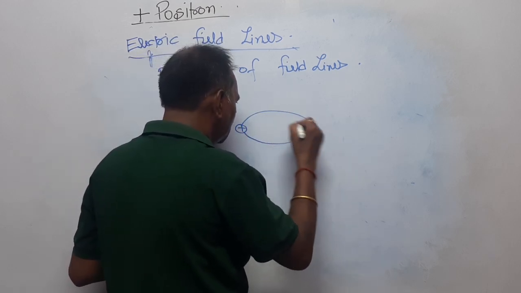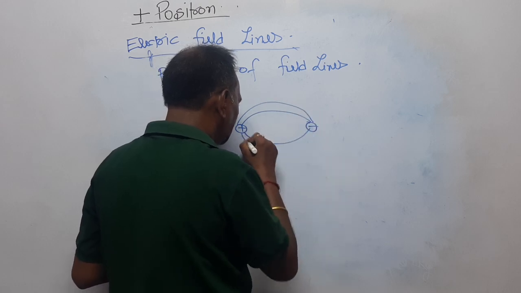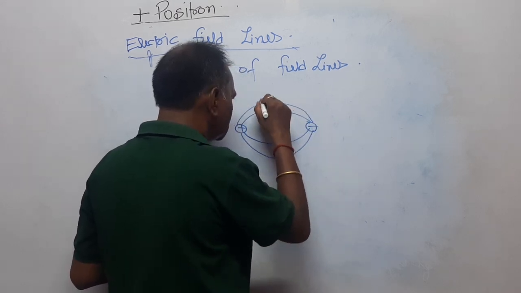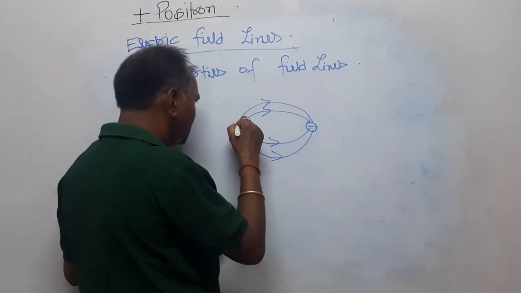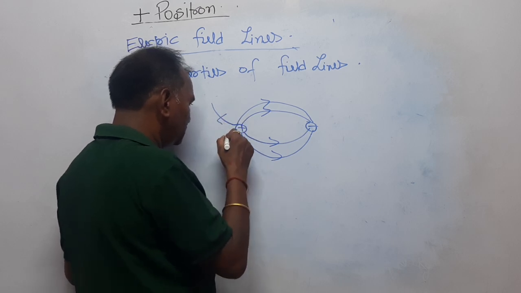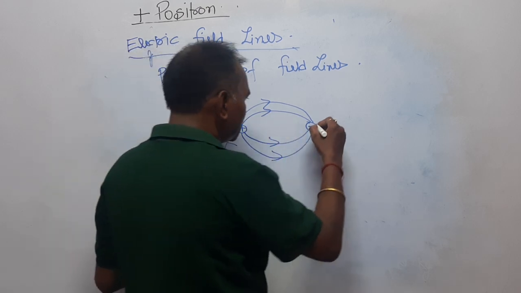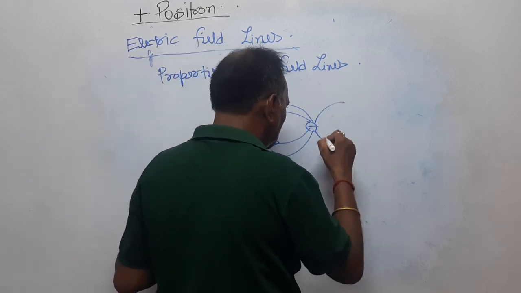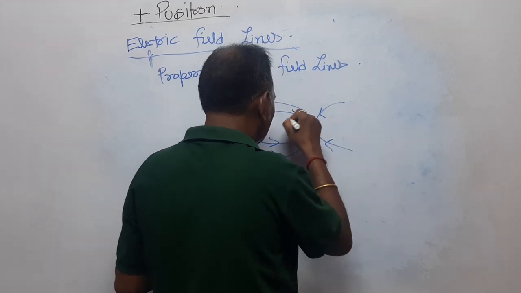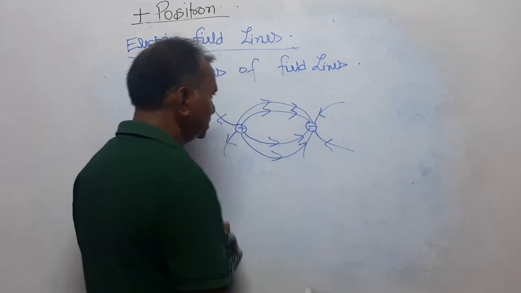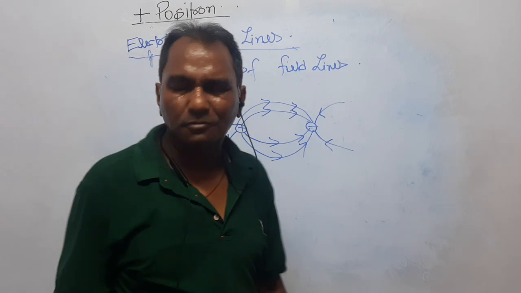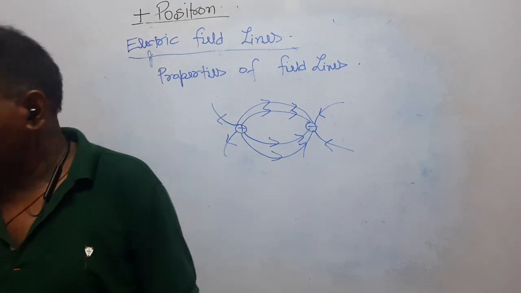Field lines will move in this way. Just a few field lines are being drawn, just to let you understand, right? They will begin from the positive charge and end at the negative charge, right? Yes, in this way.